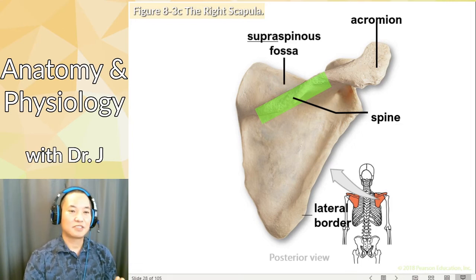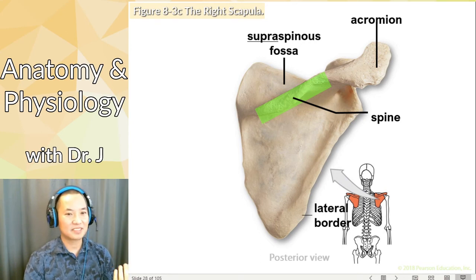All right, so then you have the supraspinous fossa. So supra is kind of like superior, a different way of spelling it. So this fossa, again, a fossa is a shallow, smooth surface that's indented. So this is a shallow indentation that's above the spine of the scapula. Now, what's the opposite of superior?